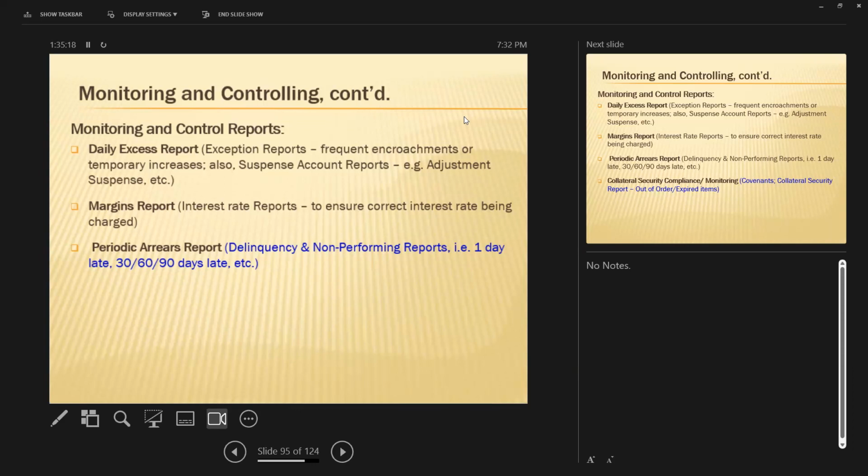So if at day 3 it now goes to the collections department, collections will then see where the branch made their note that the customer said they'll pay in 3 days' time or 5 days' time. And so if they don't see that payment on day 3 or day 5, whenever the promise is made, then they will take up and call the client.